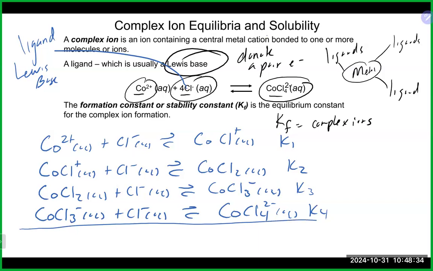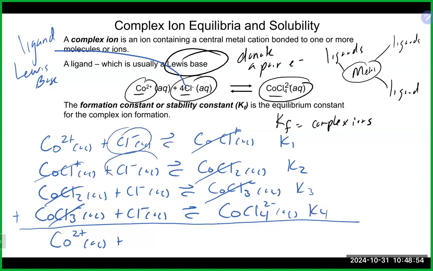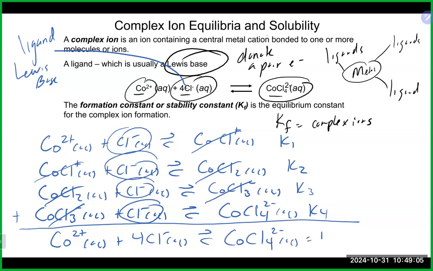That, by the way, is how we get to our overall reaction, because these are all equilibrium reactions, which means when we add these together, this cancels, this cancels, this cancels, leaving us the overall reaction we see up on top, which is the cobalt plus 1, 2, 3, 4 of those makes our complex ion, which would be our Kf value.